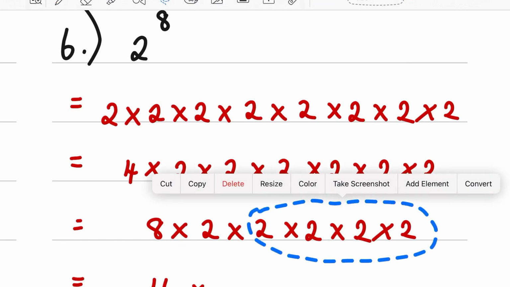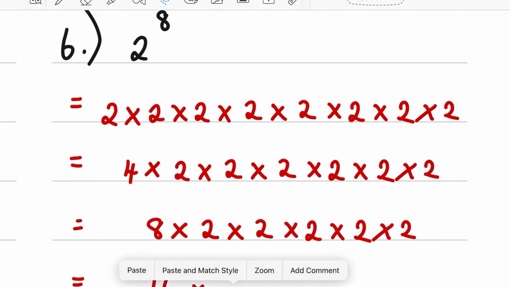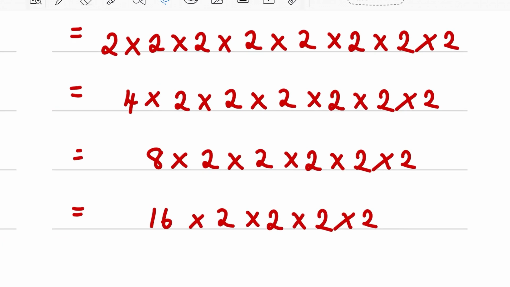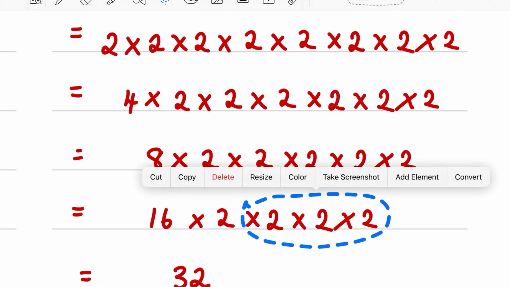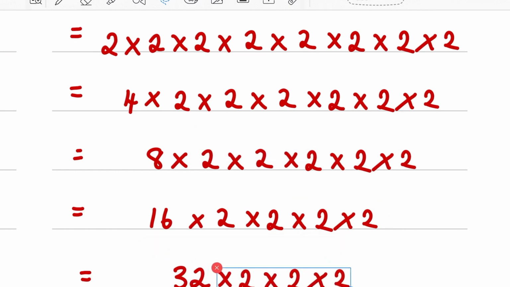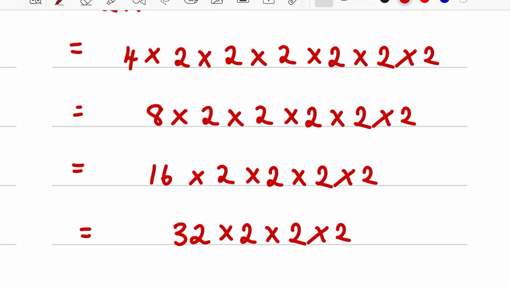Four 2's left now. Sixteen times 2 is 32. Three 2's left. Thirty-two times 2 is 64.